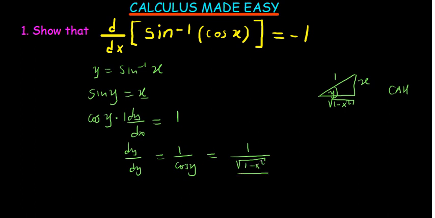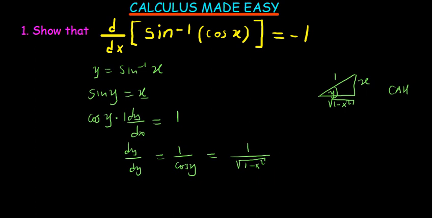The hypotenuse is what? The hypotenuse is 1. But 1 into the root of 1 minus x squared is still the same. So that will simply be 1 divided by the square root of 1 minus x squared. So that is cosine of y. So this is the derivative of sine inverse of x.